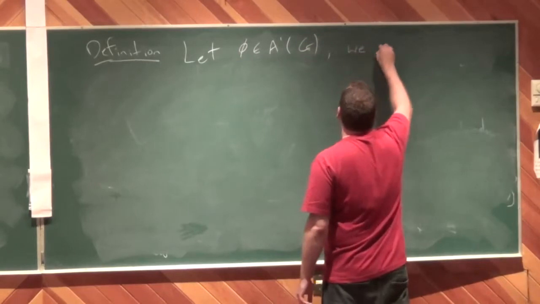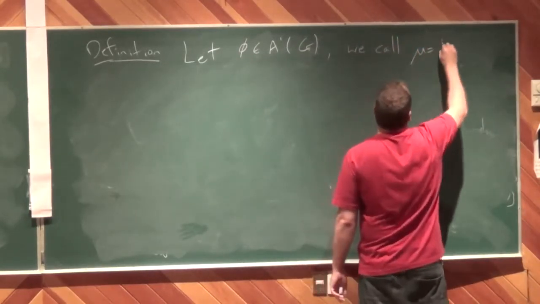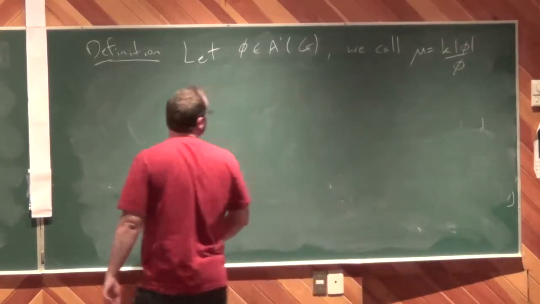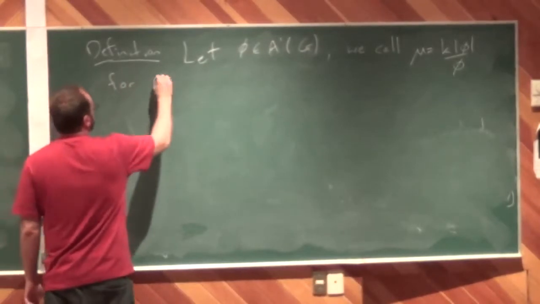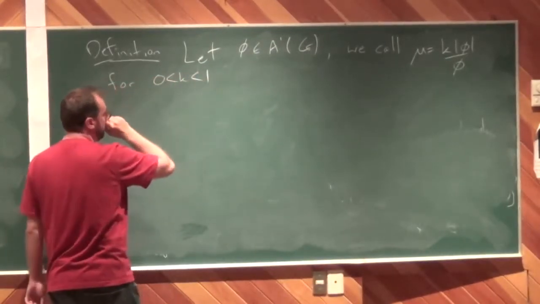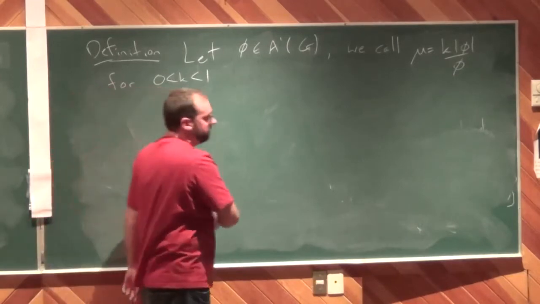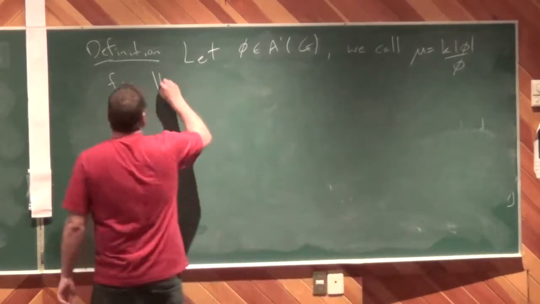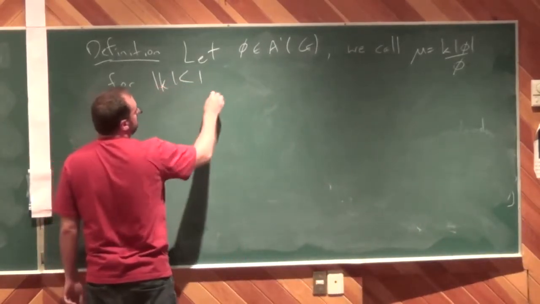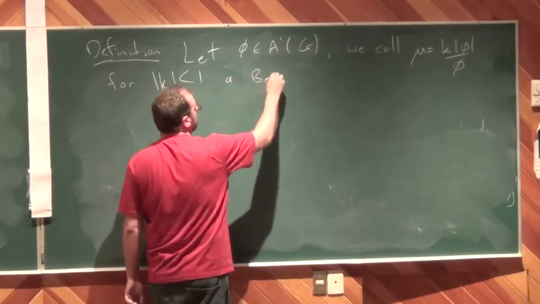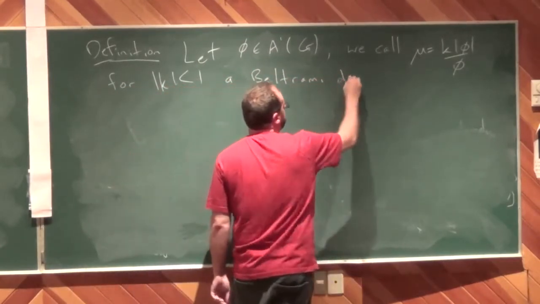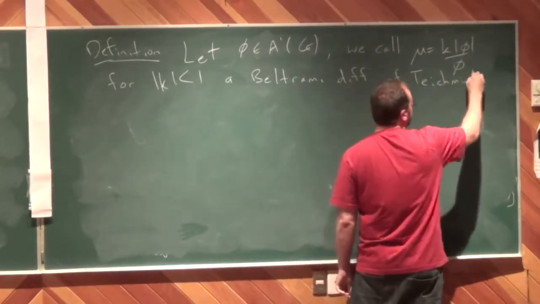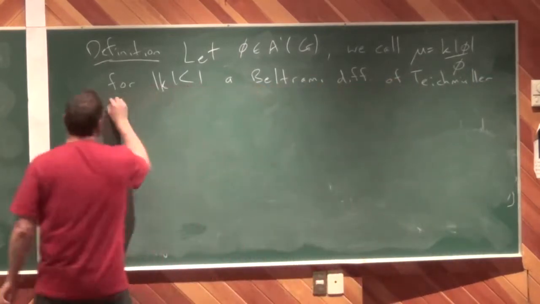Then we call mu equals k mod phi over phi, for k between 0 and 1, we call this object a Beltrami differential of Teichmüller type.